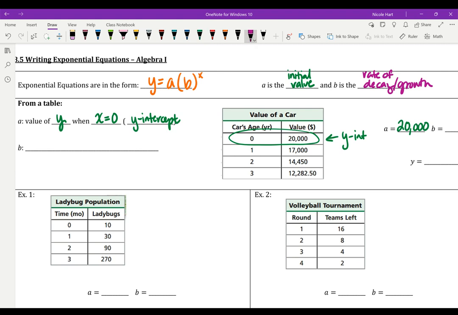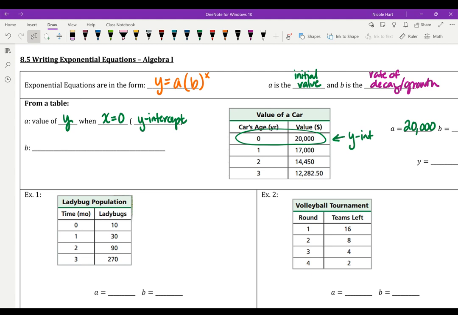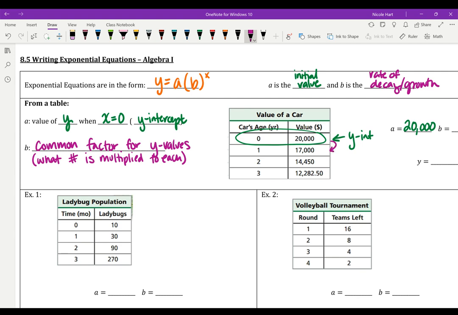And then b is the rate of decay or growth, which is the common factor for the y values, which means what number is multiplied to each y value. In order to calculate that, I'm going to look at the y values on my table, and I'm going to try to determine what number they are all getting multiplied by to get the next number.